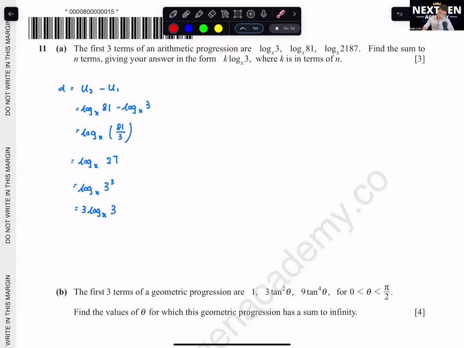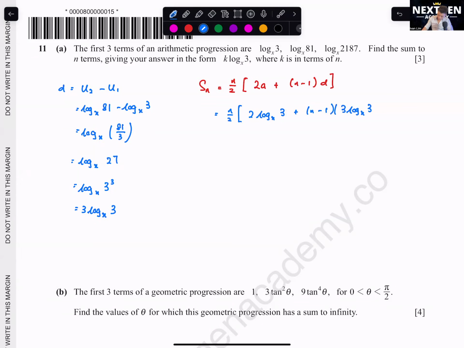We're going to put into the formula: sum of n terms is equal to n over 2 times (2a plus (n minus 1) d). We're going to substitute this in: n over 2 times (2 log x 3 plus (n minus 1) times 3 log x 3). I think this is a pretty easy question, 3 marks only.